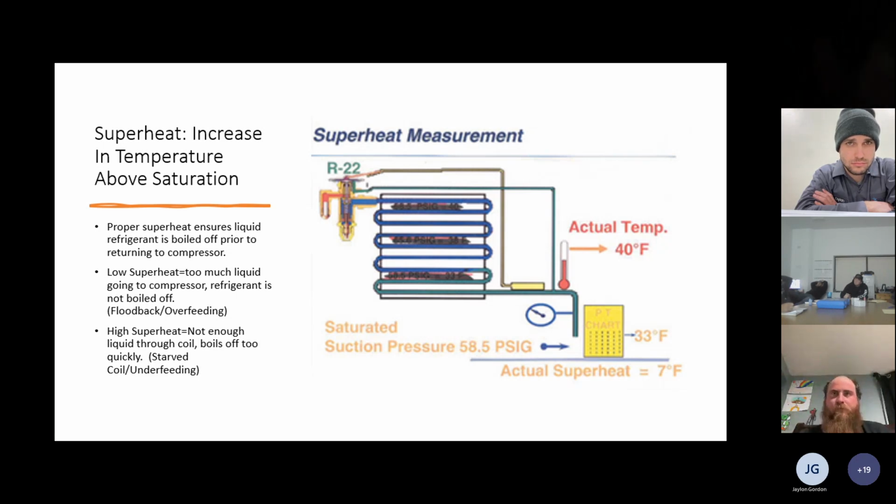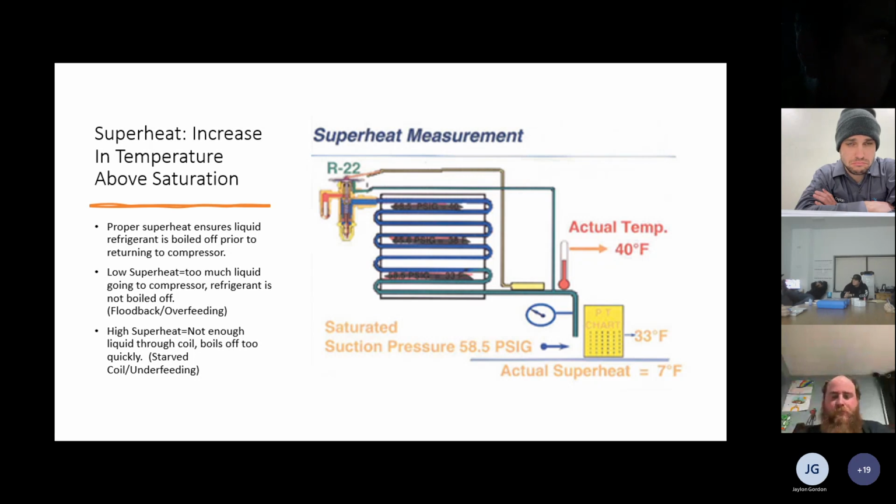Here's a fun question. Can you have a negative superheat? Yes. No. You'll read negatives on your meter. Your calculation will be negative, but in theory it's impossible to have lower than 0. You either have some or you don't.